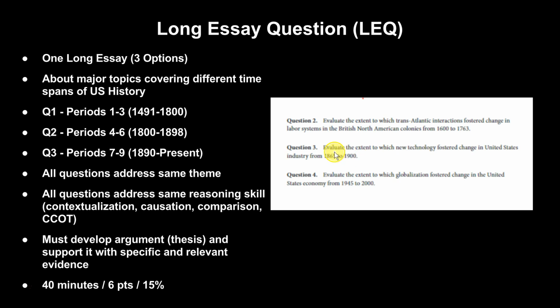It's asking you to evaluate the extent to which, so how much did technology foster change? That's what you're trying to do. And you need to have an argument that answers that question, and then everything that you bring into that needs to help prove whatever your claim is in regards to the extent of change that this technology brought.